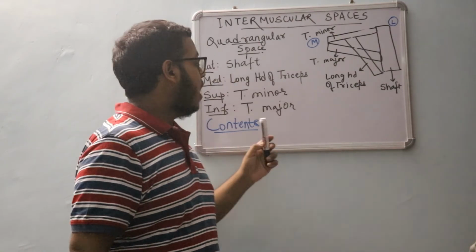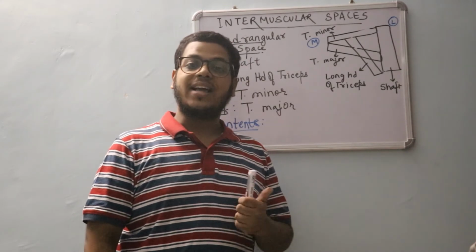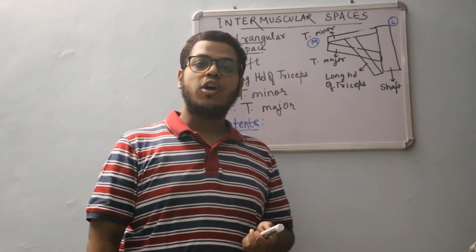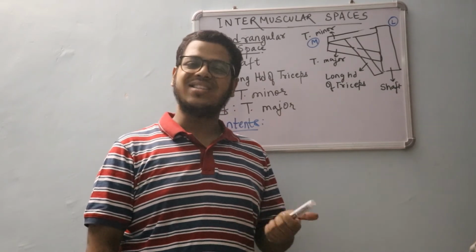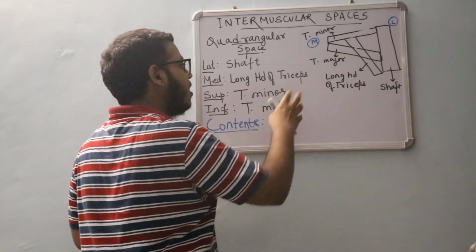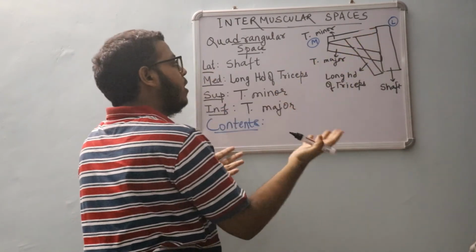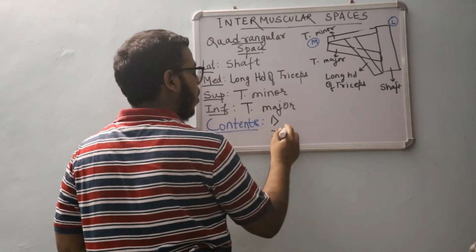The nerve that passes is the axillary nerve, a branch from the posterior cord of the brachial plexus, just like the radial nerve. They exit the axilla via the quadrangular space and go into the posterior compartment.